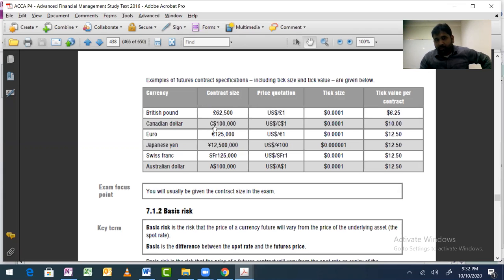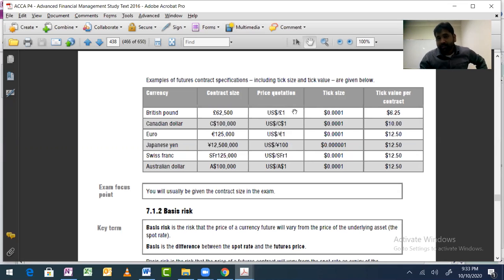So for pound, Canadian dollar, euro, yen, Swiss franc, Australian dollar, you have for everything, but you don't have for this US. For that you don't have. And this is how they will give you the quotation, because here they haven't given you the price, they have just given in which format the quotation is.